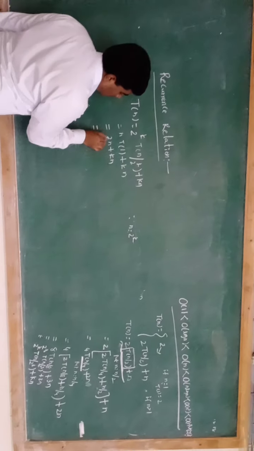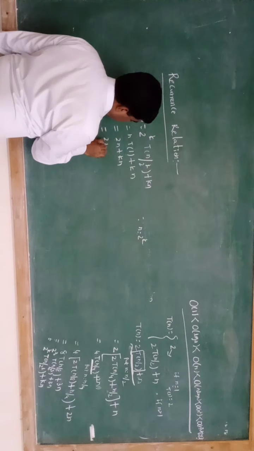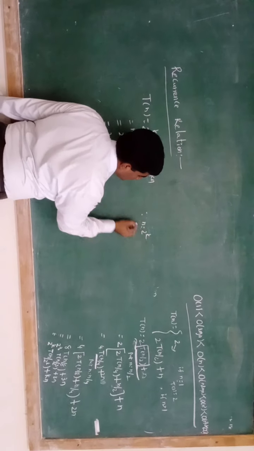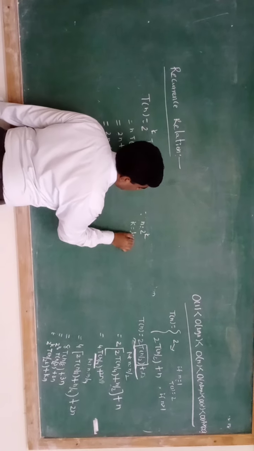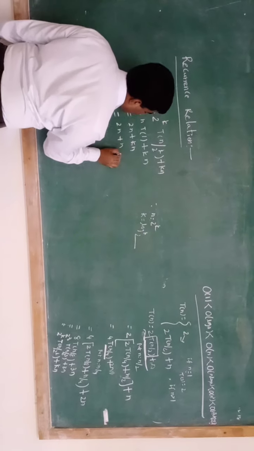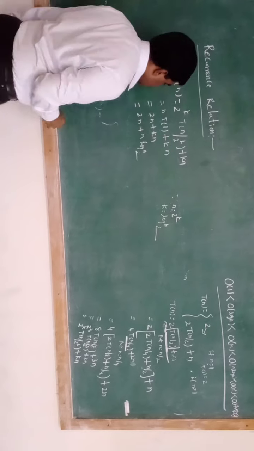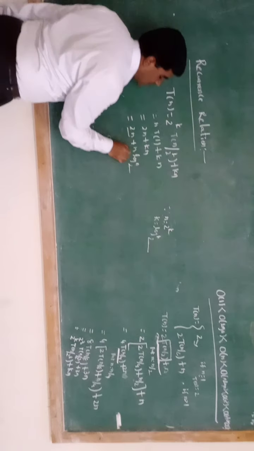So here 2n plus n k is there. What is the k value? N equals 2 raised to k means k equals log n base 2. So instead of k I am writing log n base 2. Now here 2n is there, and here n log n is there.